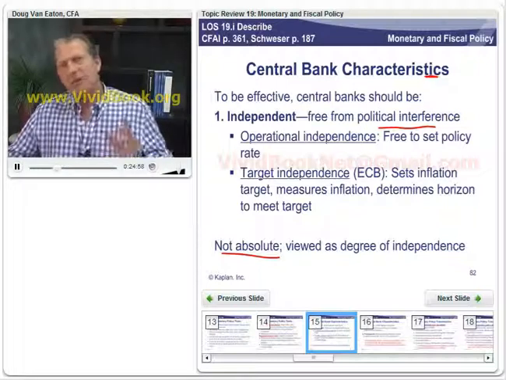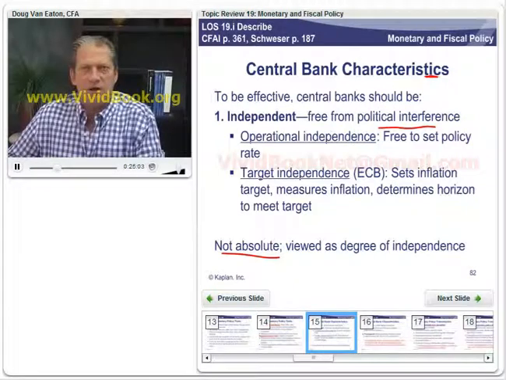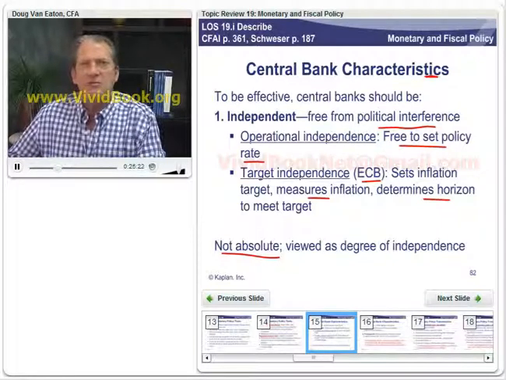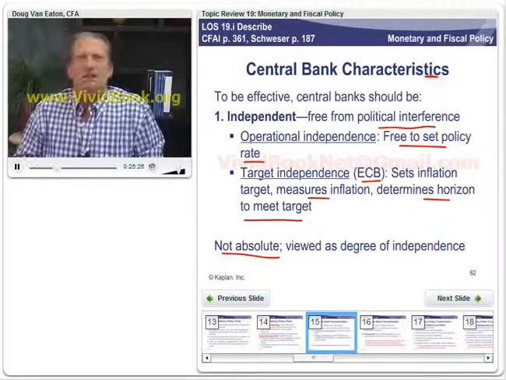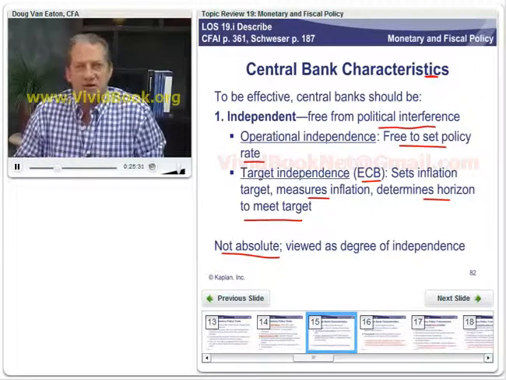And now we've got two more definitions for you here. Operational independence says they're free to set that policy rate on their own. And target independence, an example being the European Central Bank, sets inflation target, measures inflation, determines the horizon to meet the target. So, if the government is setting the policy rate, then they don't have operational independence.